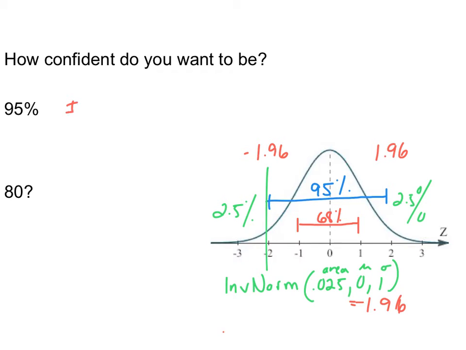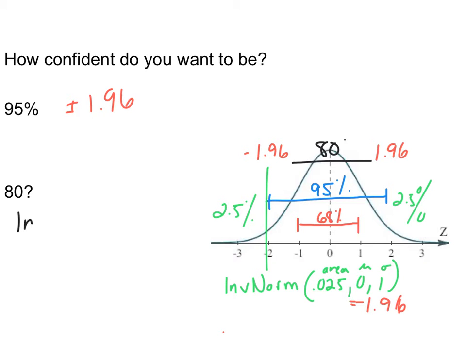So for 95% confident, you're going to go 1.96 standard deviations above and below, and we're going to say standard error because we're going to be calculating this then from our sample statistic. Now, what if you wanted to be 80% confident? Okay, so 80%, definitely going to need to use inverse norm here. That means there's going to be 20% left out, so that would be 10% on each tail, not included.